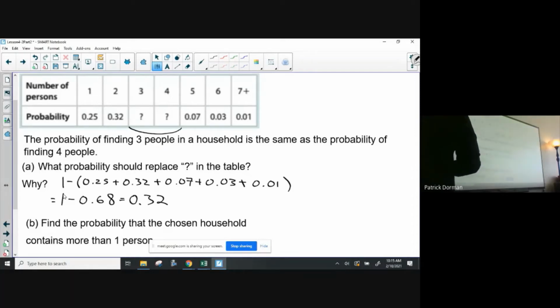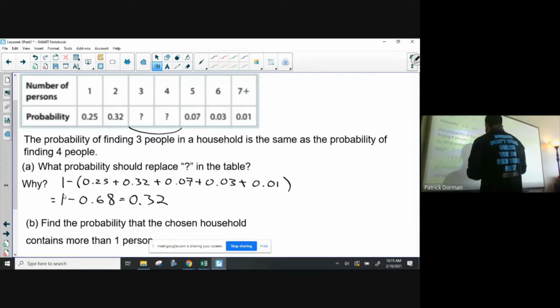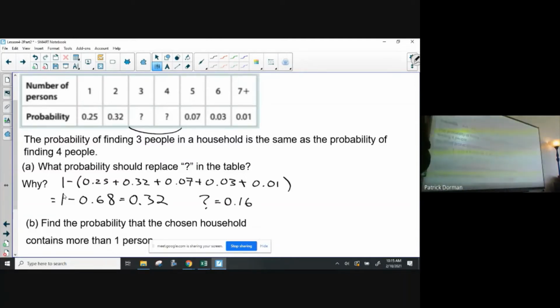Okay, all right. So then that means that the question mark has got to be 0.16, because we had to divide that by 2. If they're the same, then they're both going to be 0.16, right? And there we have that.